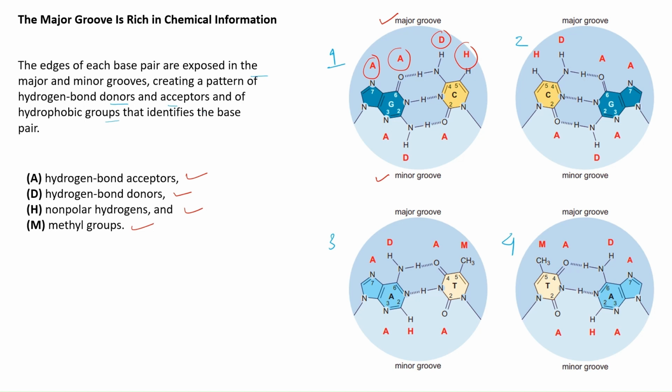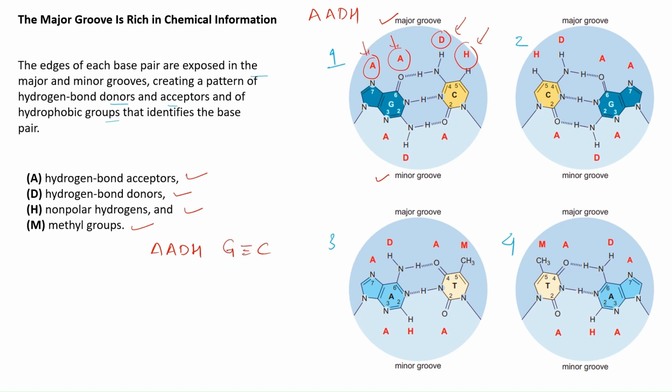So in the major groove, when G is paired with C, the sites that are exposed are two acceptors, one donor, and one nonpolar hydrogen, forming the code AADH. So here I'm writing AADH is for when G pairs with C.